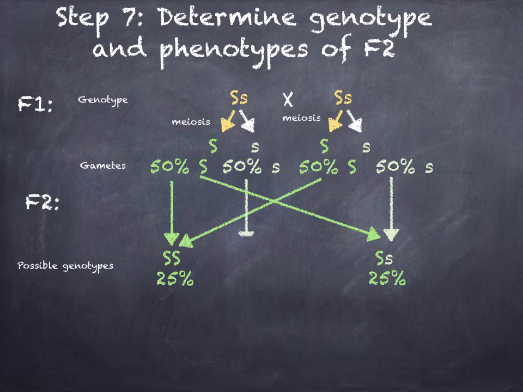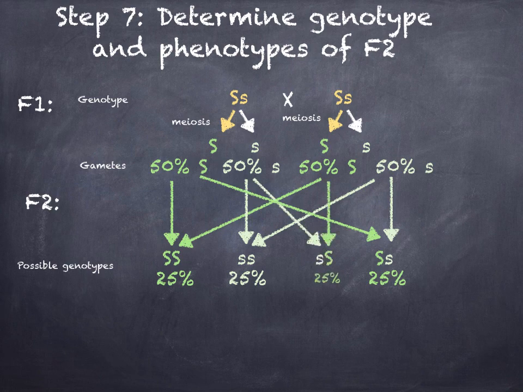Now, the second gamete of the first parent can go with the second gamete of the second parent, so 25% of chances to obtain two small s. Or last possibility, the second gamete of the first parent and the first gamete of the second parent meet and produce an F2 offspring that carries a small s and a big S, so it gives you 25% of such offspring.